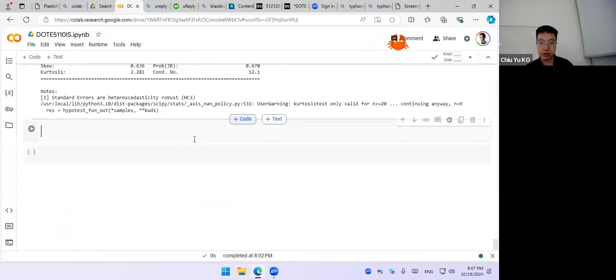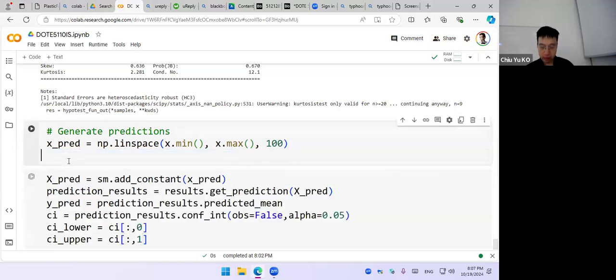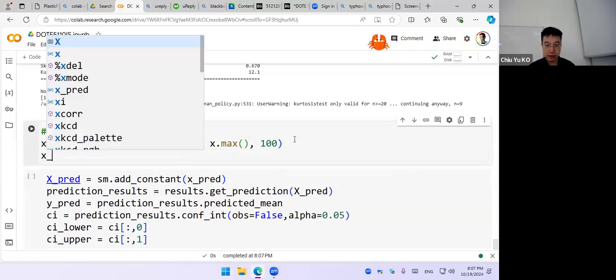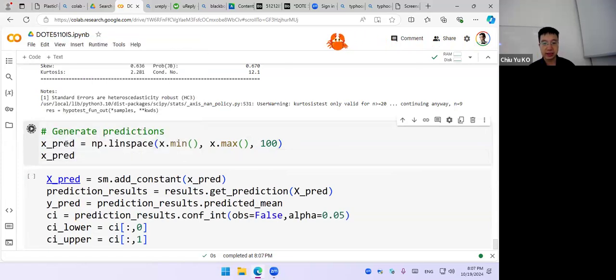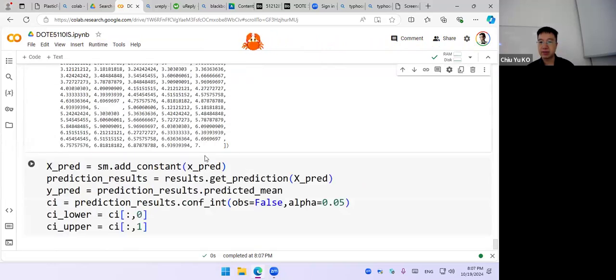So let me copy this code, and let me do it one by one to convince you this is something that we need. Let me first do this guy. When you construct this, let me show you what it is. You create the max and the min, starting from 1, the minimum, and the maximum is 7.